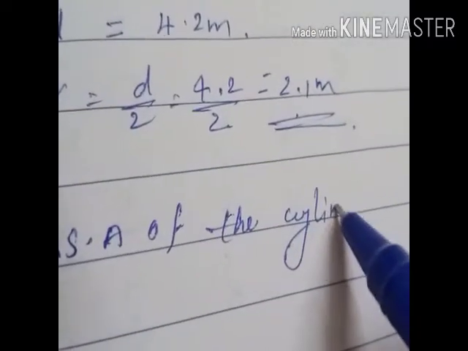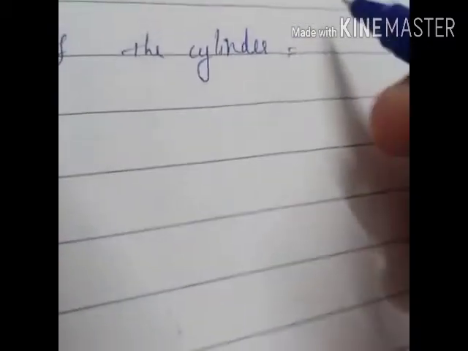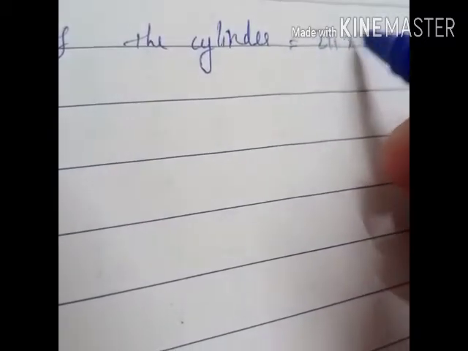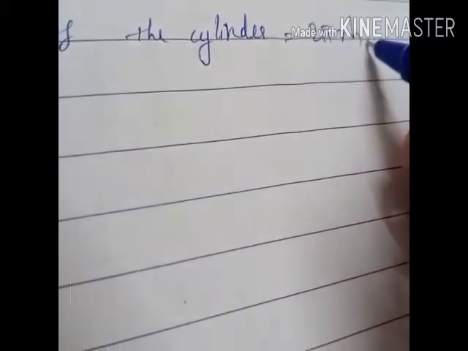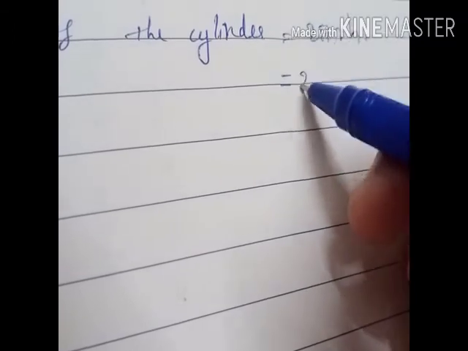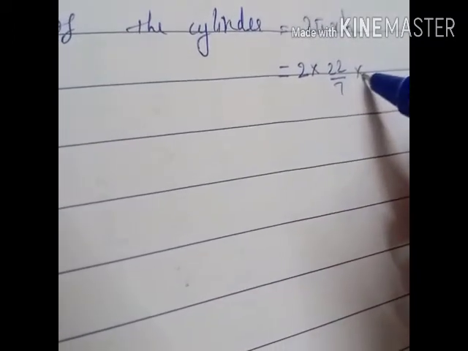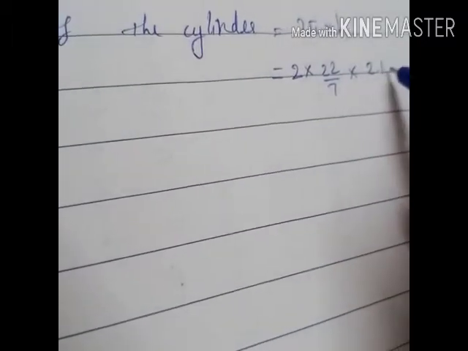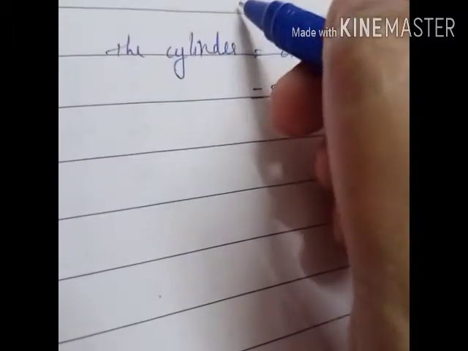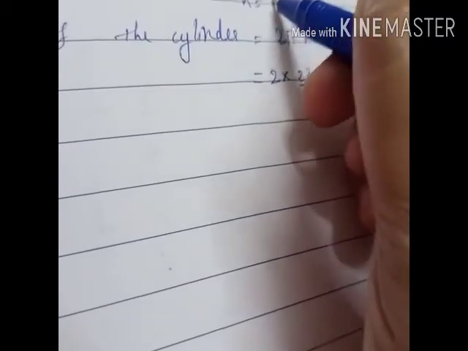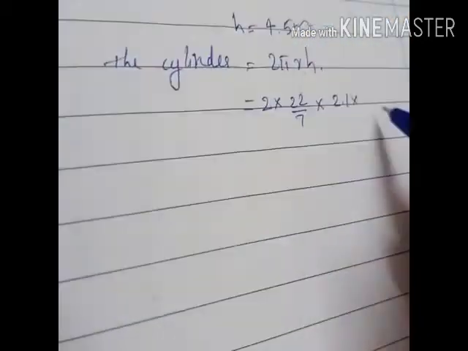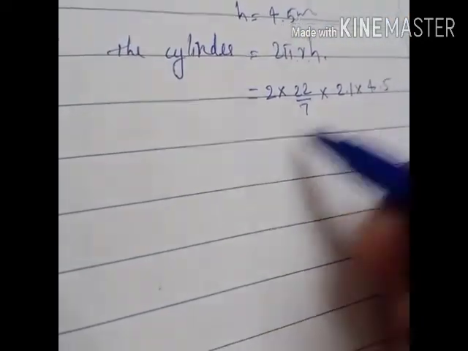What is the equation for the CSA of the cylinder? 2 pi r h. So here it is 2 into 22 by 7 into radius, which is 2.1 meter. Then the height is already given as 4.5 meter, so that also we can substitute.